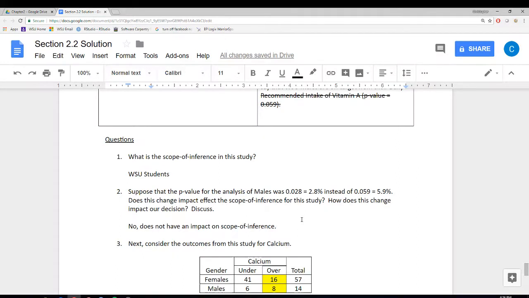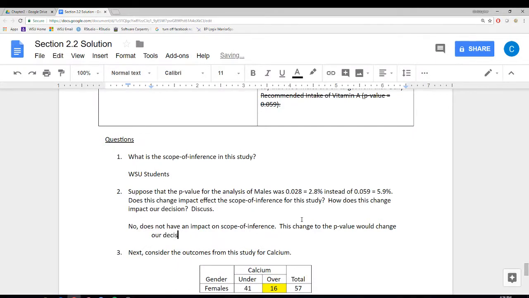On the other hand, changing the p-value as stated up above does impact our decision. So this change to the p-value would change our decision, and hence would change the conclusion as well.